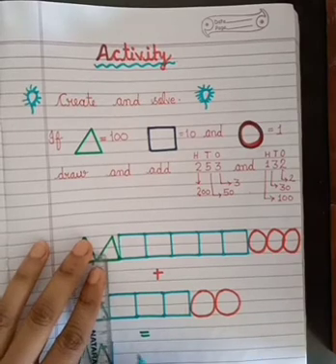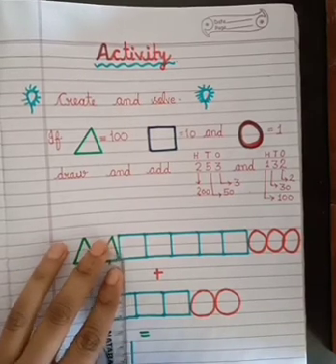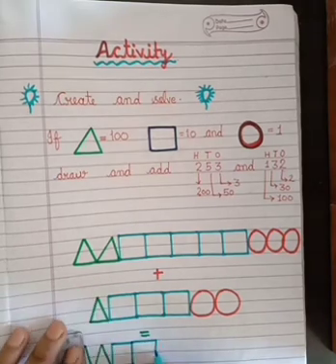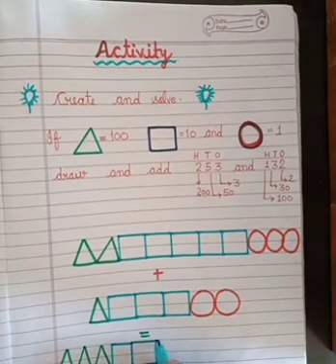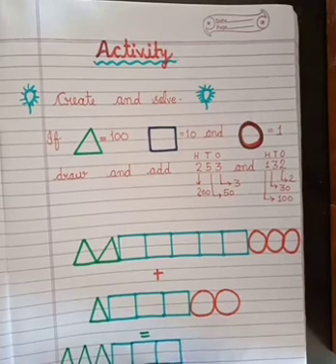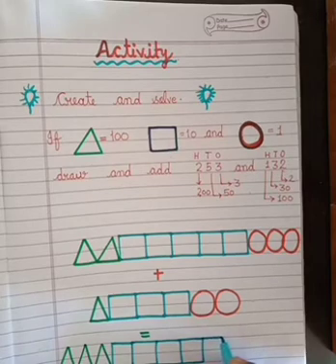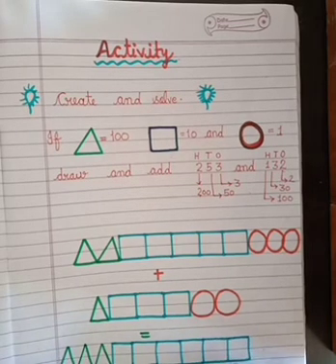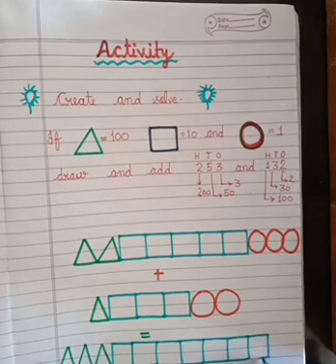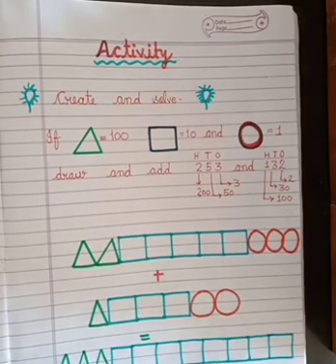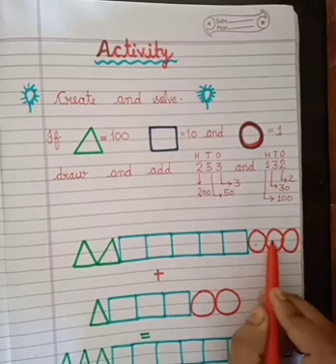So we will draw 8 squares. 1, 2, 3, 4, 5, 6, 7 and 8.